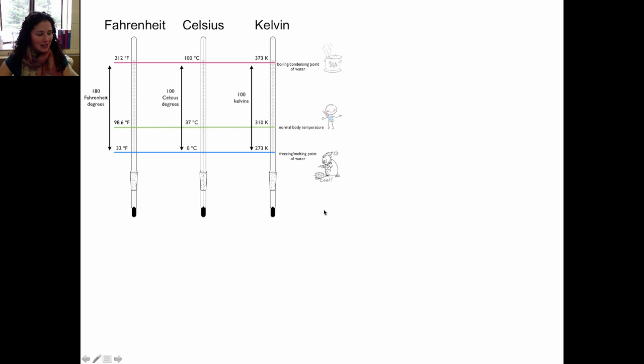The second question asks you the difference between a Kelvin and a degree Celsius. To answer this question, notice how many kelvins and Celsius degrees are in the same space of temperature, or the same difference in temperature. 100 Kelvin degrees is the difference between freezing and boiling of water, and 100 Celsius degrees is the same amount.